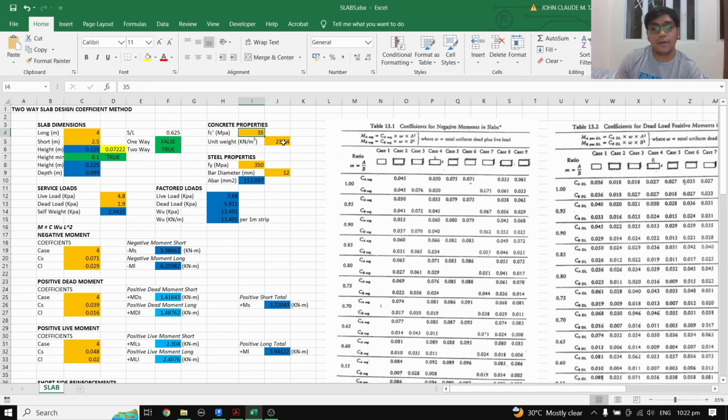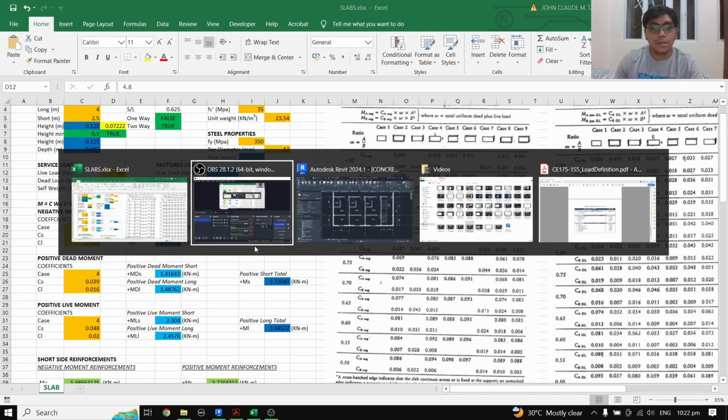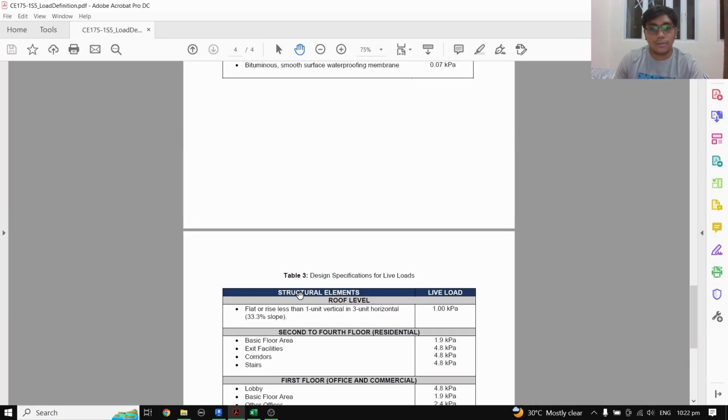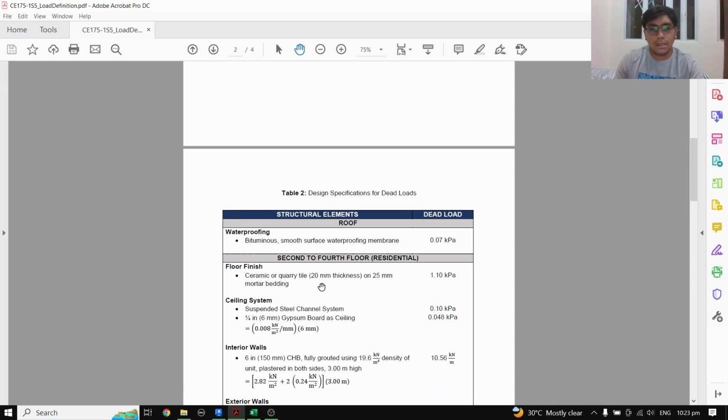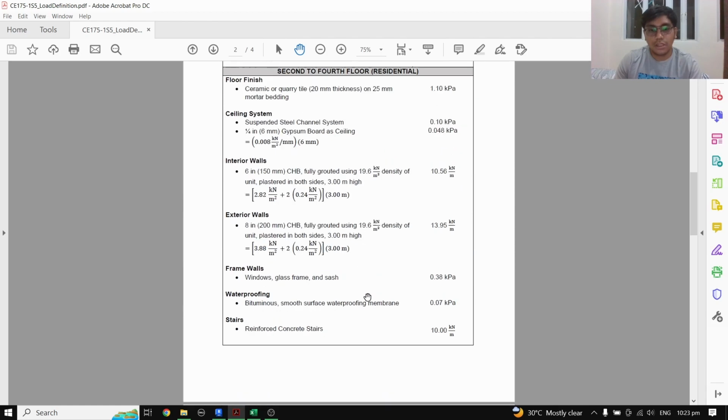We have a 35 MPa f'c, 23.54 unit weight of concrete, 350 fy, and 12 millimeter diameter bars to be used for the design of the reinforcements. Then we applied our service loads using our dead loads that are declared in the project.